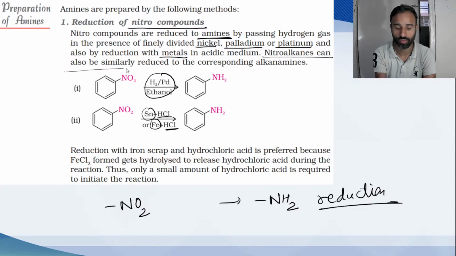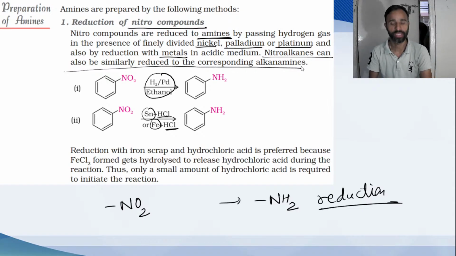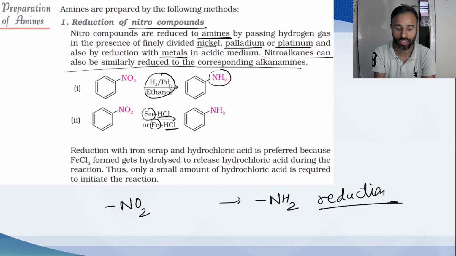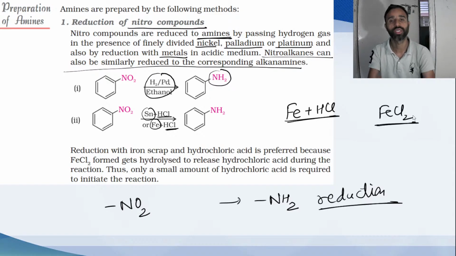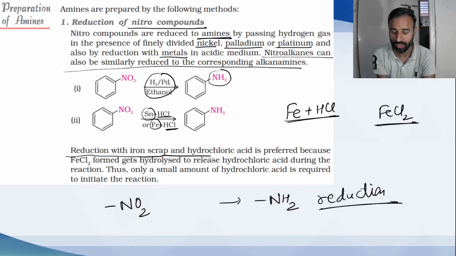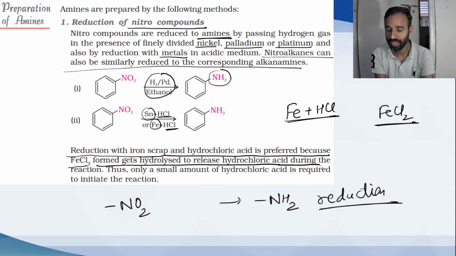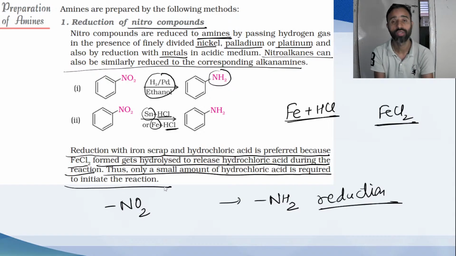Nitroalkanes can also be similarly reduced to the corresponding alkanamines. So NO2 is changed into NH2 by H2/Pd in ethanol or Sn/HCl, Fe/HCl. But the best is Fe and HCl. Why? Because when reduction takes place with Fe and HCl, FeCl2 is formed, which is hydrolyzed to release HCl, and that's why only a small amount of HCl is required to initiate the reaction.